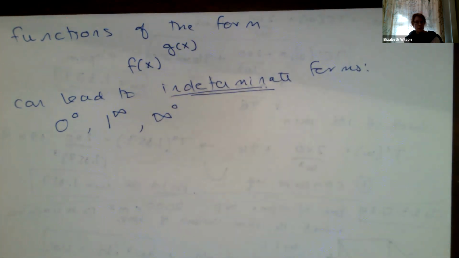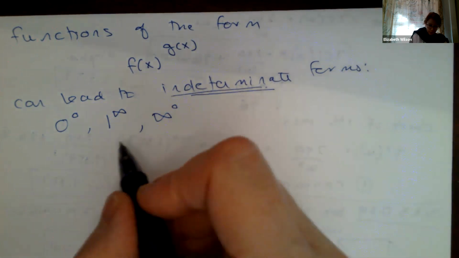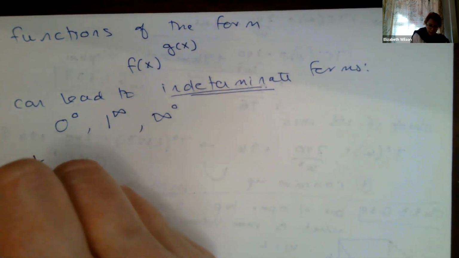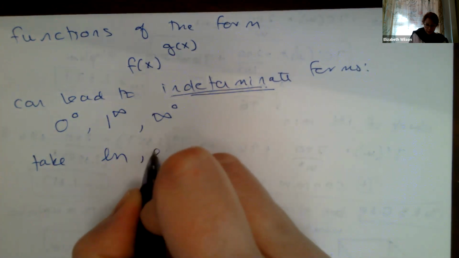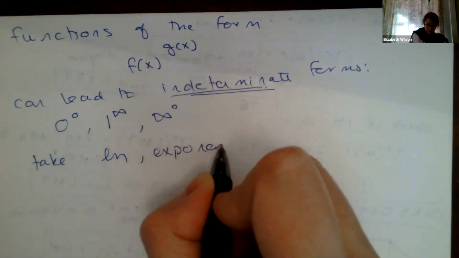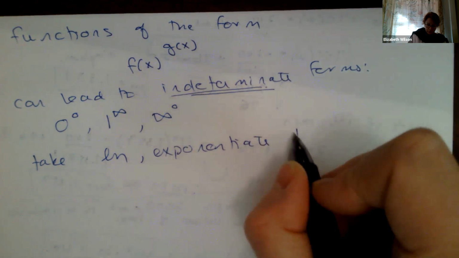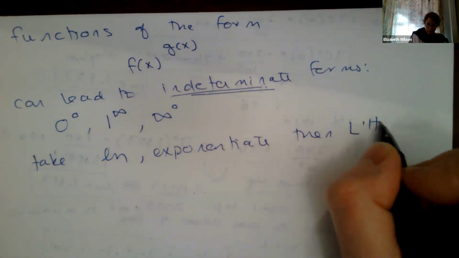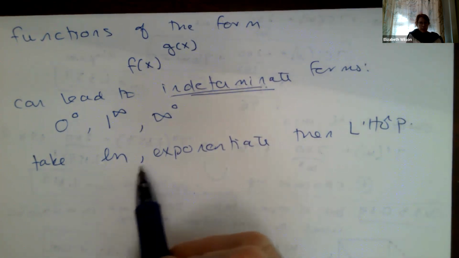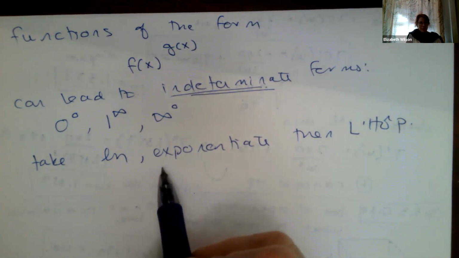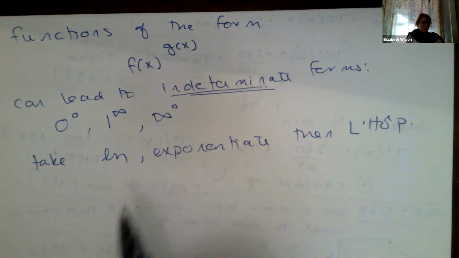You can use L'Hopital's rule to process it. So how we deal with it is we're going to take the natural log and then we're going to exponentiate. Then we're going to do L'Hopital's. E to the ln of something is just that something.